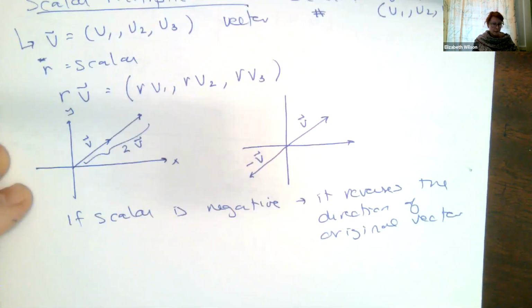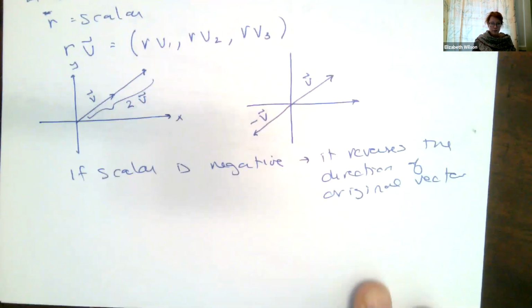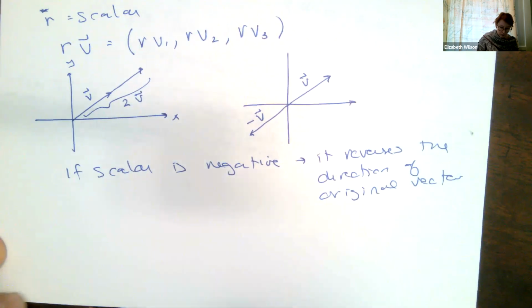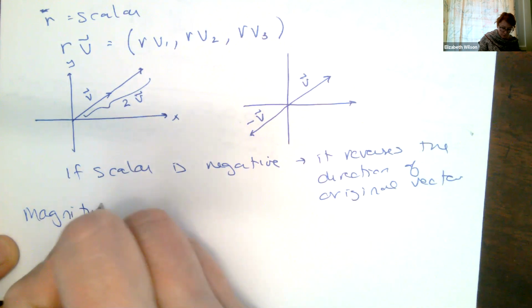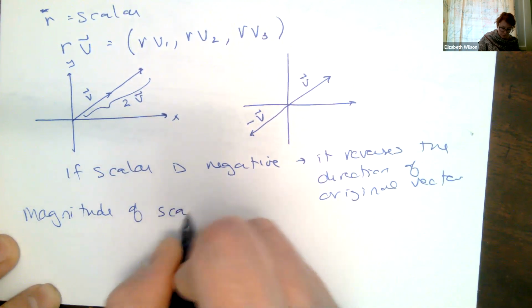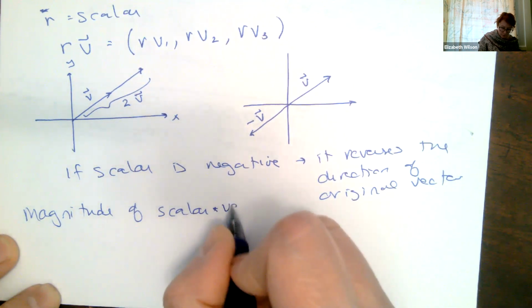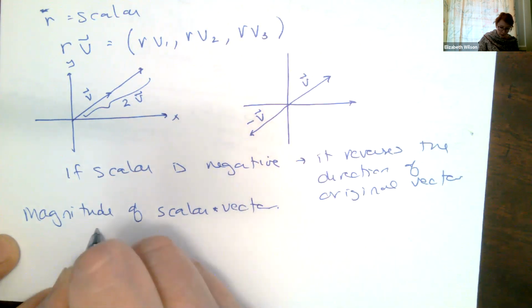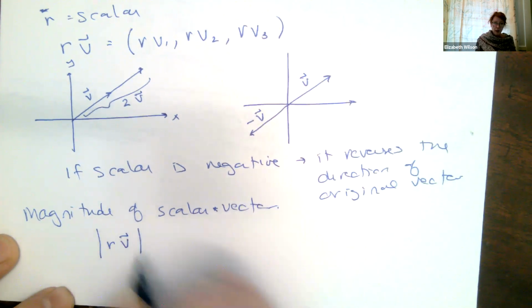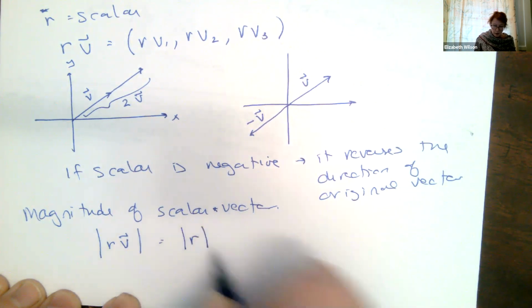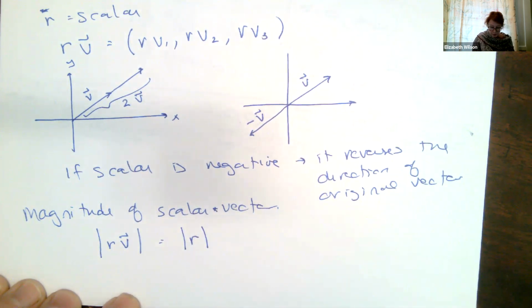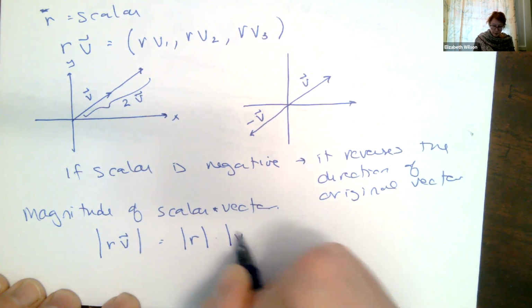Now, if I want to calculate the magnitude of a scalar multiplied by a vector, I can say I've got the magnitude of r times v, where r is my scalar. That's going to be the absolute value of r, because I want it to be positive, times the magnitude of v.